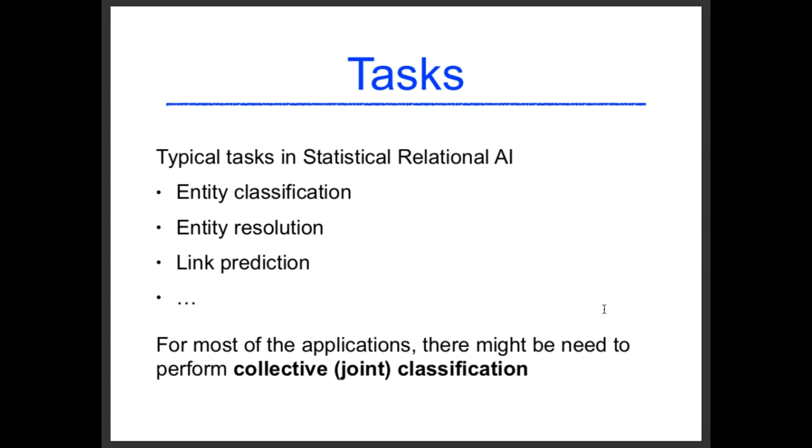Link prediction also has been described. So you have entities and you have relations between the entities, and you want to predict them. Or sometimes you can mix, to some extent, entity classification and link prediction if you want to predict properties of the links.